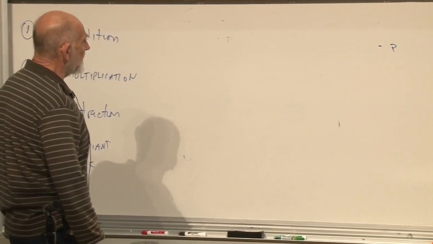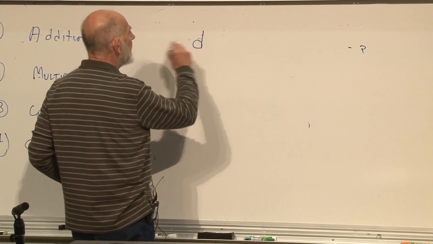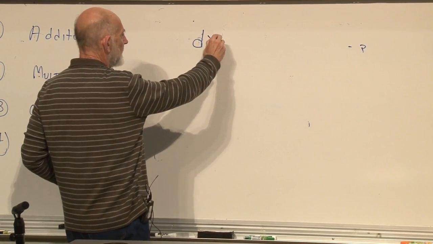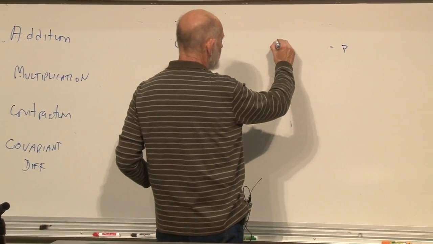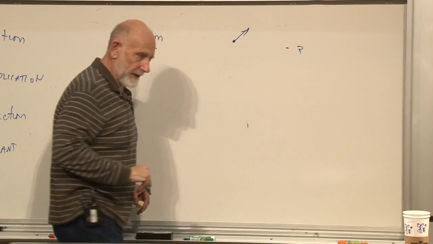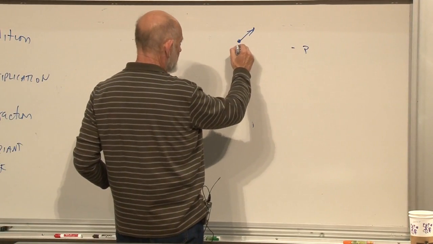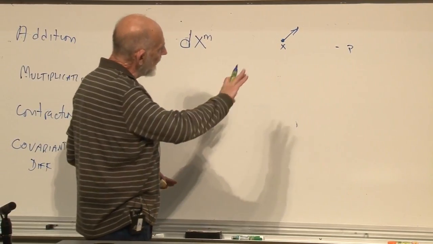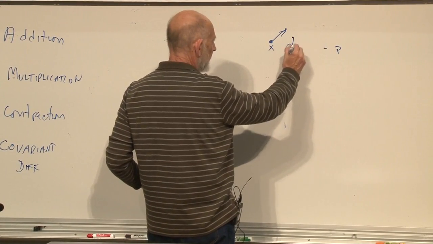Okay, the definition of the metric tensor: if we have a differential length element dx^m, which just represents the components of a displacement vector. Let's call it a displacement vector. Go to a point in the space called x, x1 to xn, and now displace it and call that little vector dx.